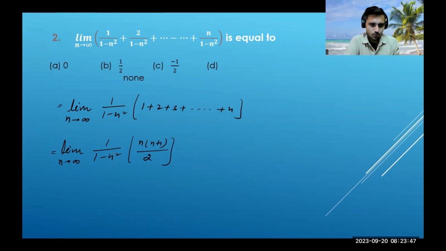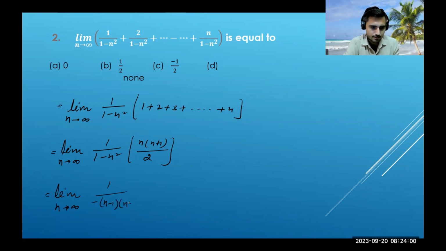Right? So what we'll do here next, again limit n tends to infinity, and we'll factorize it. So it will become n minus 1 and n plus 1, and here we have n into n plus 1 upon 2.